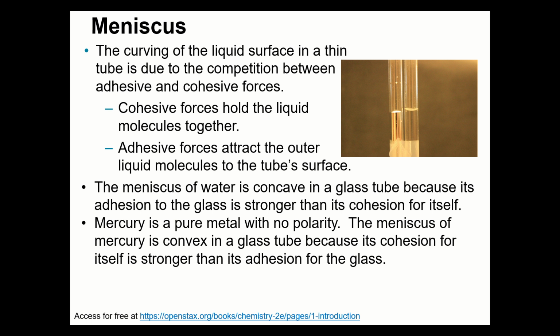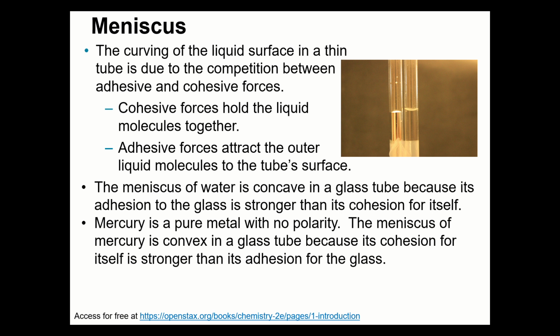The meniscus, remember, is where you're looking at the curvature of a liquid, especially in a small piece of glassware. Just keep in mind that depending on the type of substance that you have, that meniscus could be concave, which would be down, or it could be convex and go up.